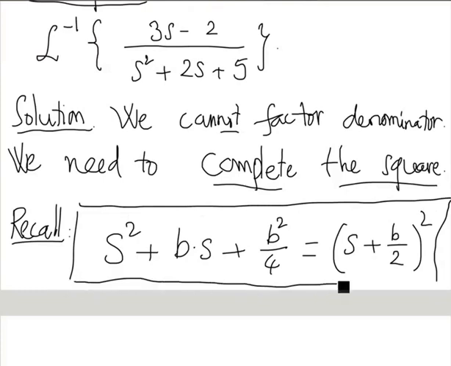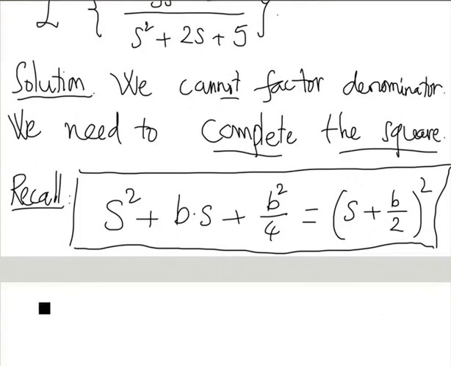This is the formula we will need. So if we have s squared plus b times s, then we need b squared over 4 in order to have a complete square. And the complete square is given by s plus a half of b, parenthesis squared.